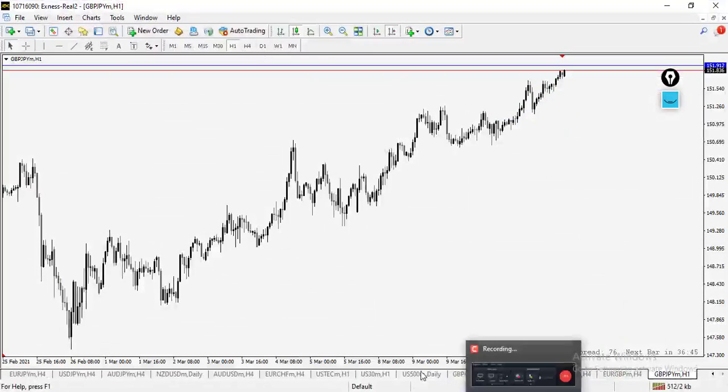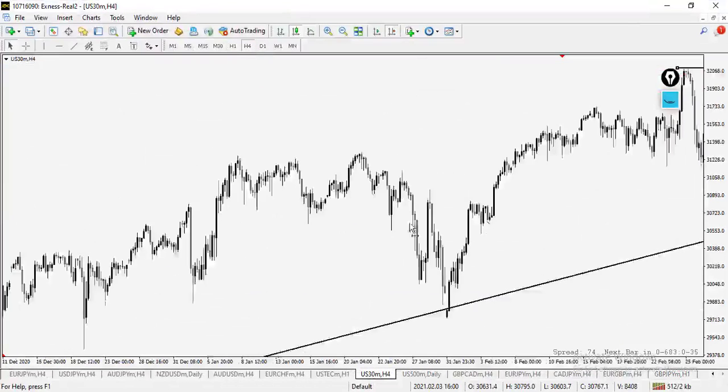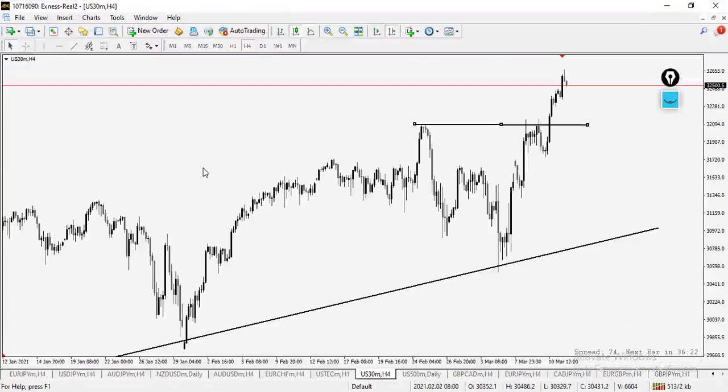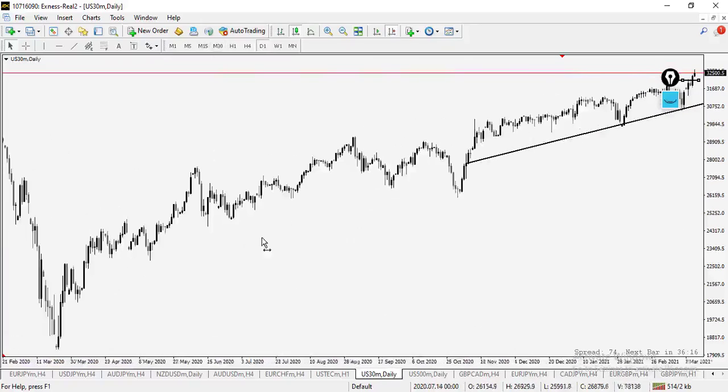So let's just take a look at an example. Let's pick a random pair. Let's use this one, this is US30. We can see that US30 has been in an uptrend.